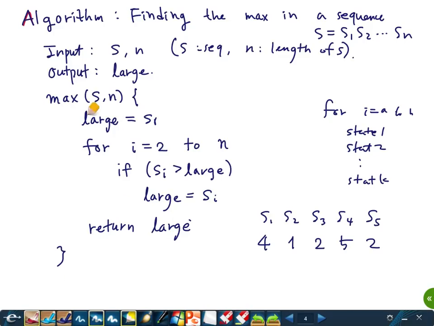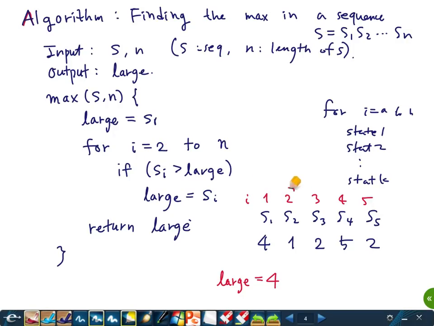What does this algorithm do is the following. First, large. What is large? It is 4, right? And then now we enter the for statement. i is, let's say, 1, 2, 3, 4, 5. i starts from 2.